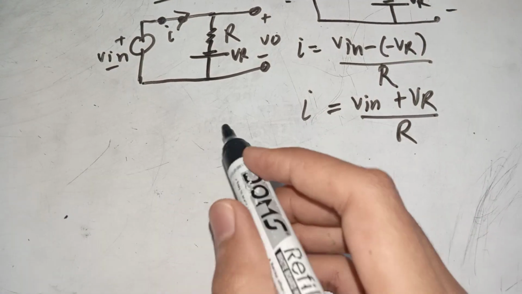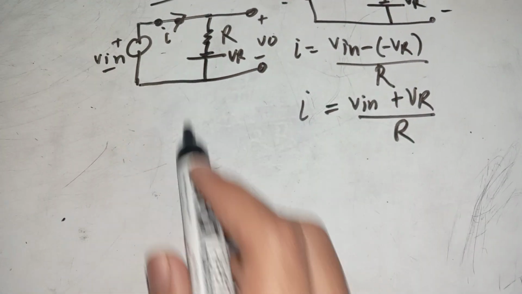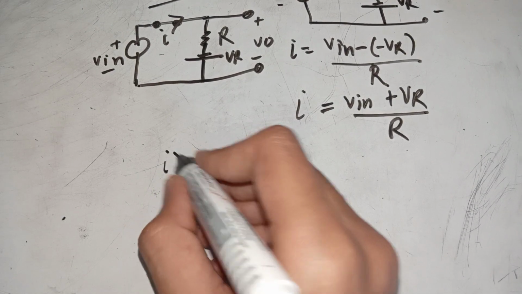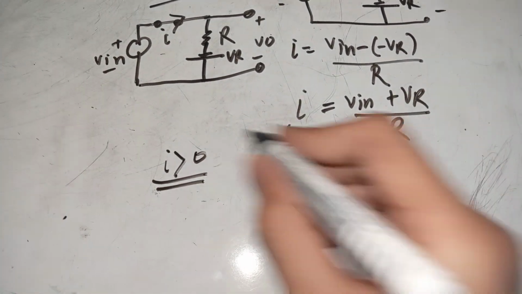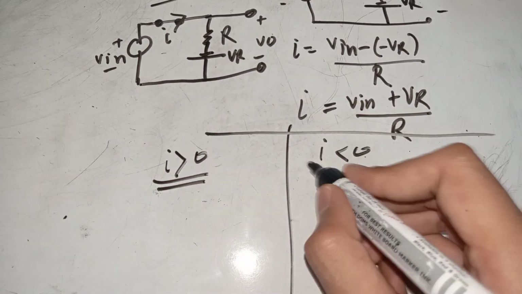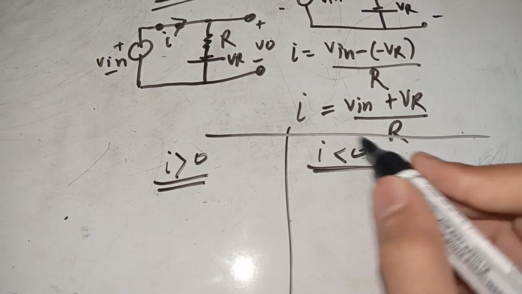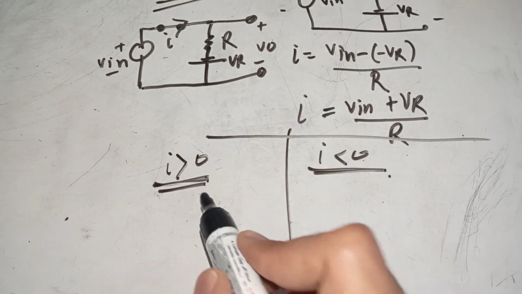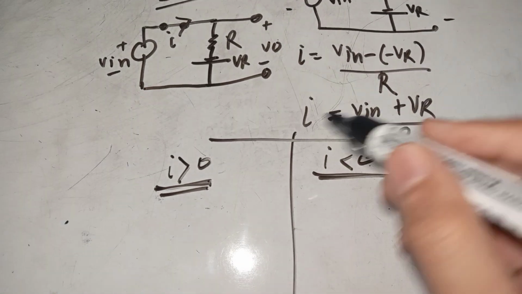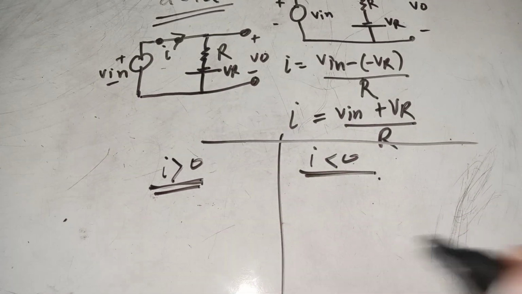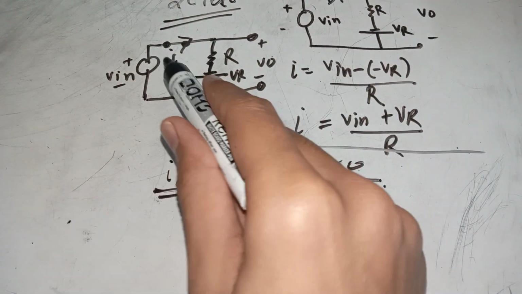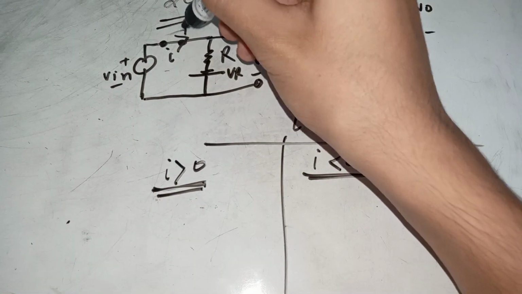Now if the diode is on, then I will be greater than 0, right? So when the diode is on, I is greater than 0, and when the diode is off, I is less than 0. Why? Because I is flowing from A to K, anode to cathode.